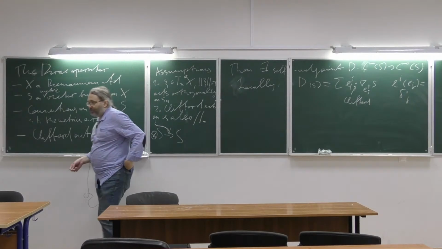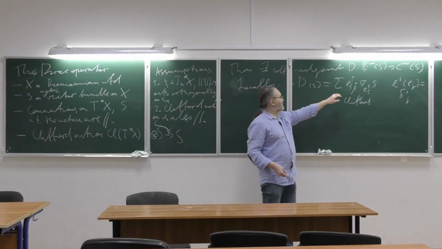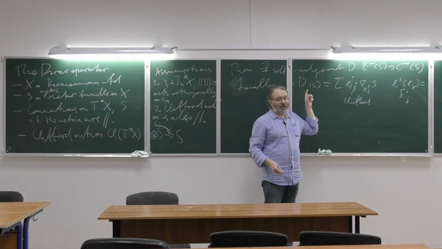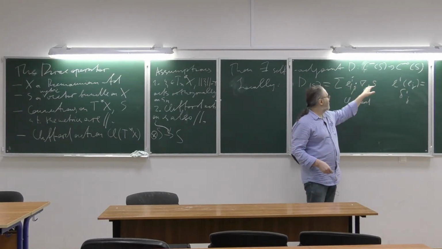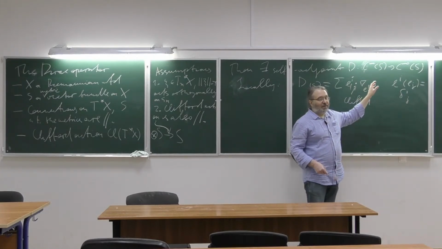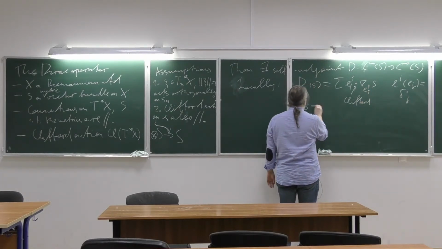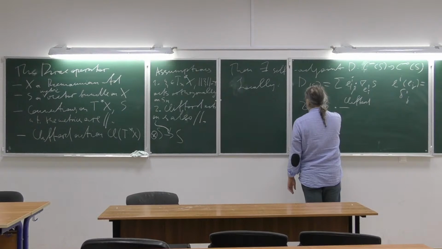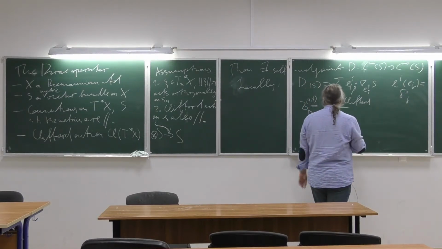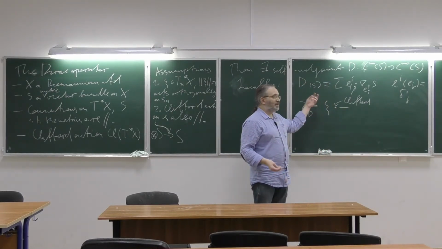And well, basically from this formula and from another formula we had for the symbol of nabla, it's straightforward to check that the symbol of D at psi is Clifford multiplication by psi.